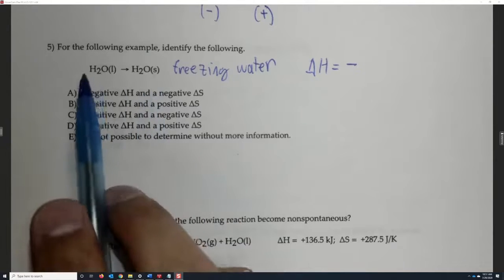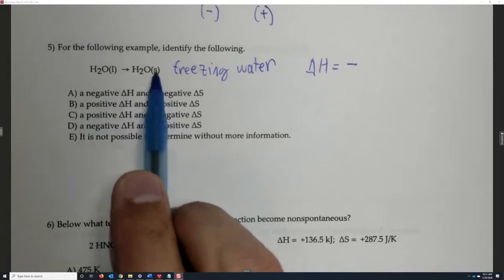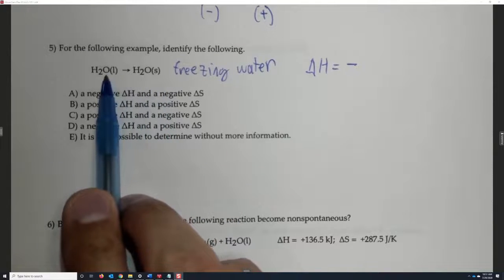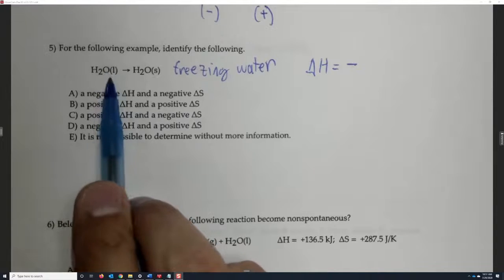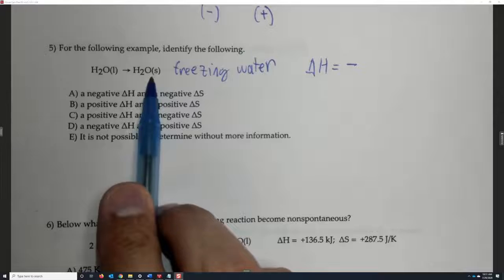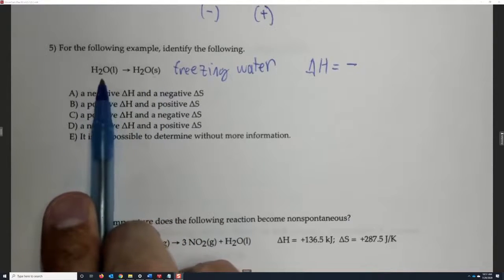What about delta S? Here we have a liquid and here we have a solid. We consider the liquid as having more freedom, or as being less ordered, than the solid. So the solid has less freedom and is more ordered. The liquid has more freedom and is less ordered.